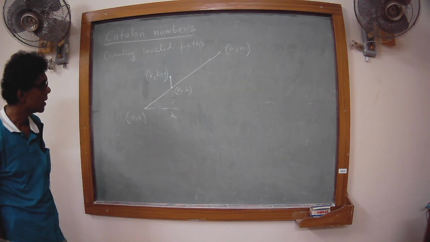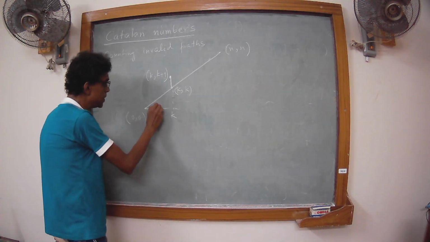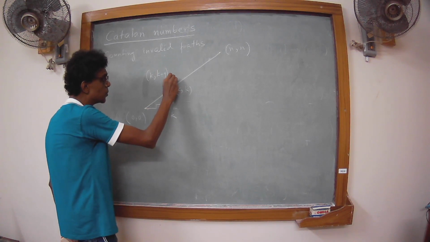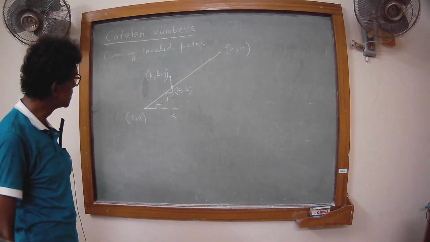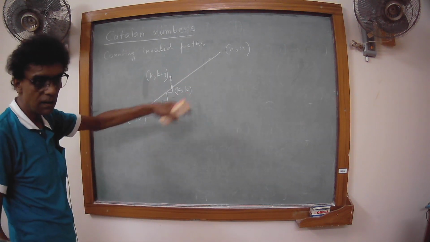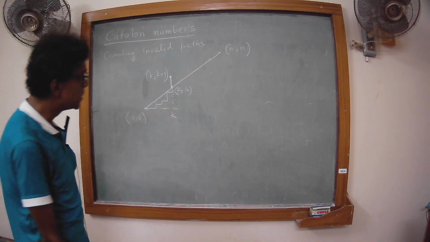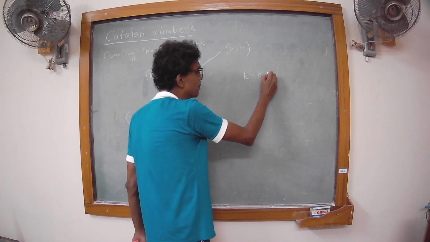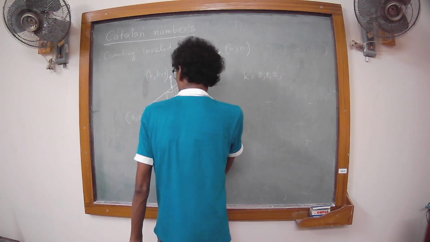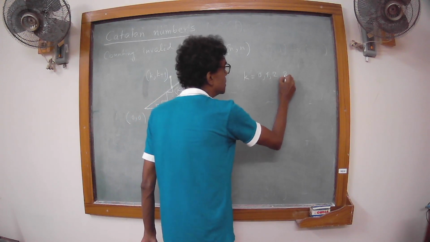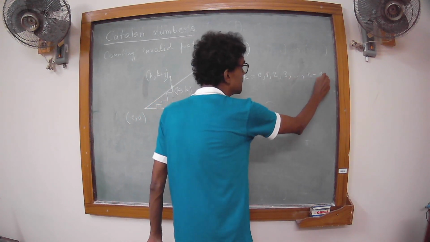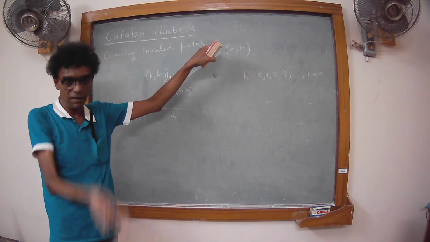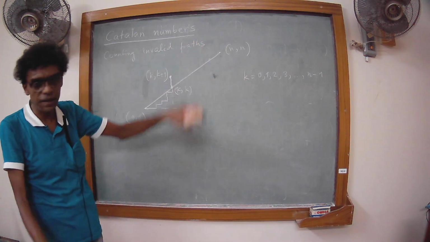There is some point where this path crosses the y equal to x line going from below. And what are the possibilities for k? 0 in the first place itself, or 1, or 2, 3, up to n minus 1. It cannot be n, because if you have reached the destination, there is no question of crossing. You cannot come back. No downward movement is allowed.